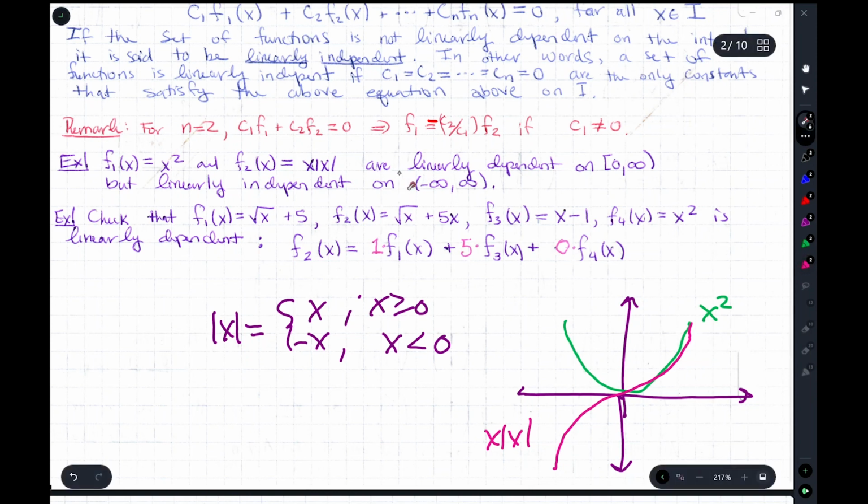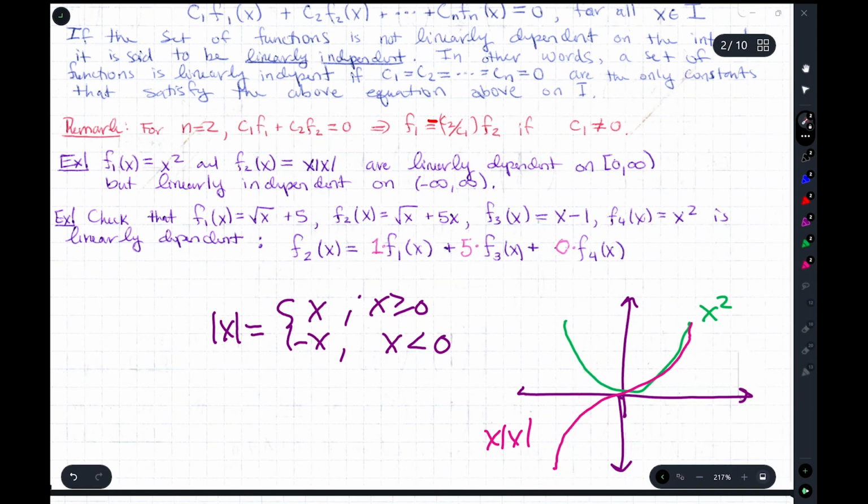So they're linearly dependent on the interval from 0 to infinity. Not only is one a constant multiple of the other, they're actually equal if you consider just the interval 0 to infinity, but they are linearly independent on negative infinity to infinity. Any time you go to the left of 0, you're going to get linear independence.